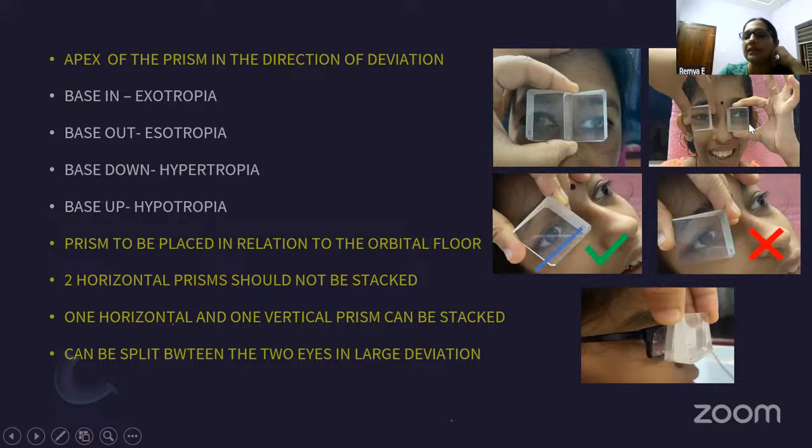This is the second one, exotropia. I am keeping it in front of both the eyes. I cannot stack one over the other. Whereas if the horizontal deviation is associated with a vertical deviation, I can place a vertical over the horizontal, but I cannot stack horizontal prisms.